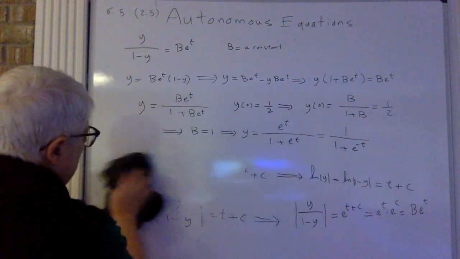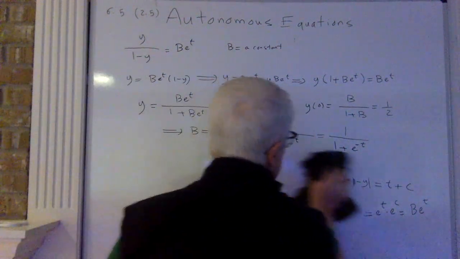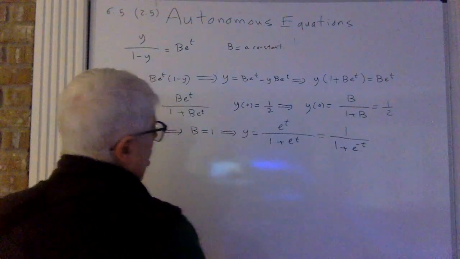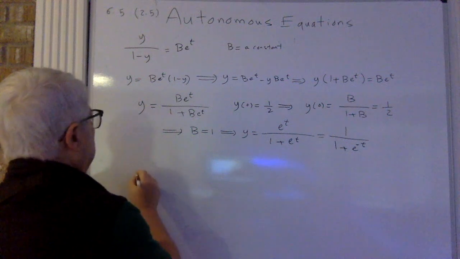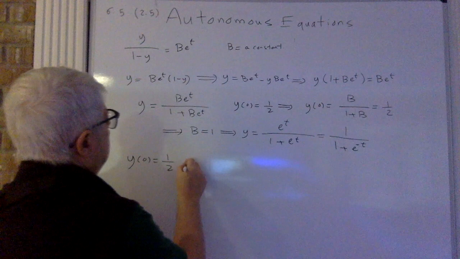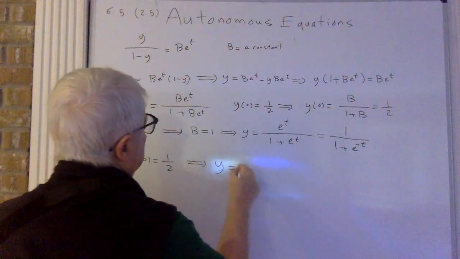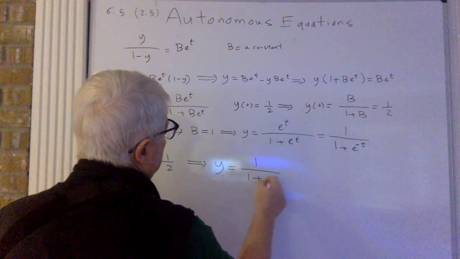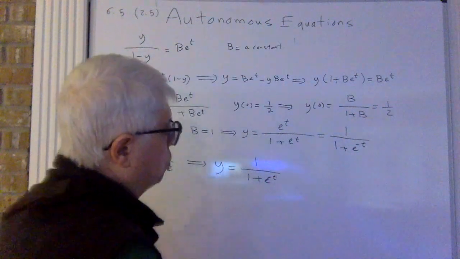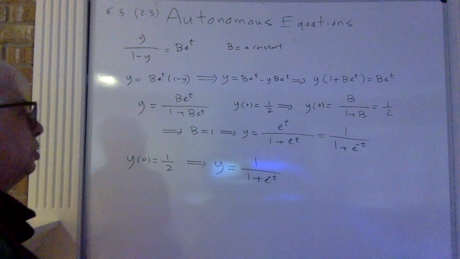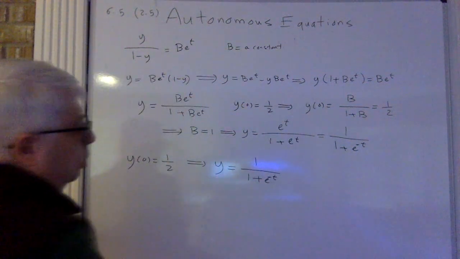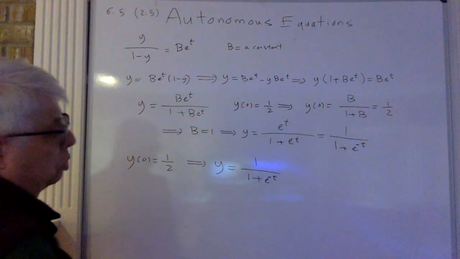So then, with y at 0 equal to 1 half, I found this nice function. And as t goes to positive infinity, this goes to 1. As t goes to negative infinity, this goes to 0.